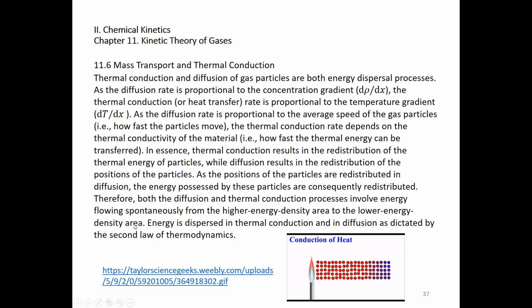This is dictated by the second law of thermodynamics. Over here, there's an animation of thermal conduction. We have a high temperature region and a low temperature region, and you can see heat is transferred from left to right.